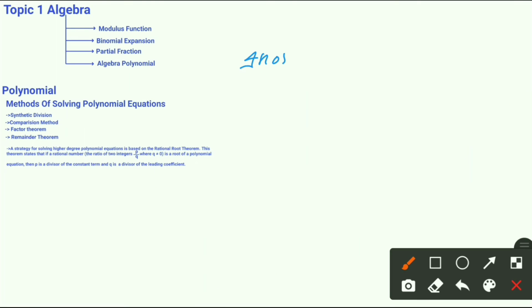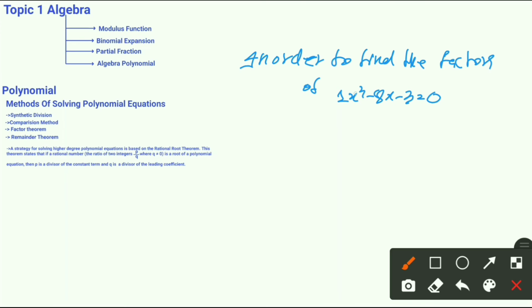In order to find the factors of x cube minus 8x minus 3, we can use synthetic division or the comparison method. Any one of them you can choose, but I would recommend the comparison method because in my opinion it's much easier and simpler. But you can do synthetic division as well.